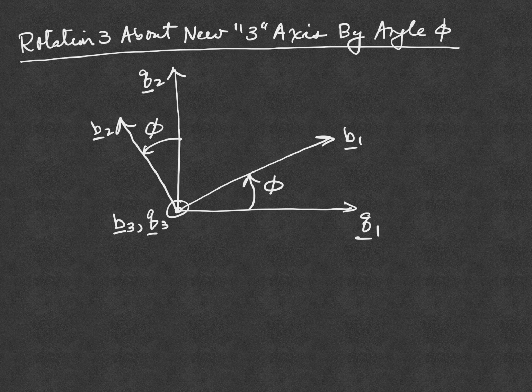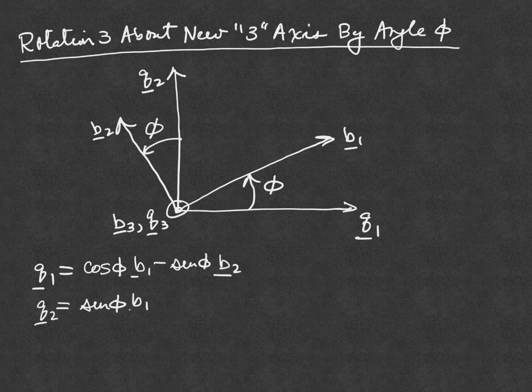So going through the same process, we wind up with Q1 is equal to cosine of phi times B1 minus the sine of phi times B2. And then Q2 is equal to the sine of phi times B1 plus the cosine of phi times B2.